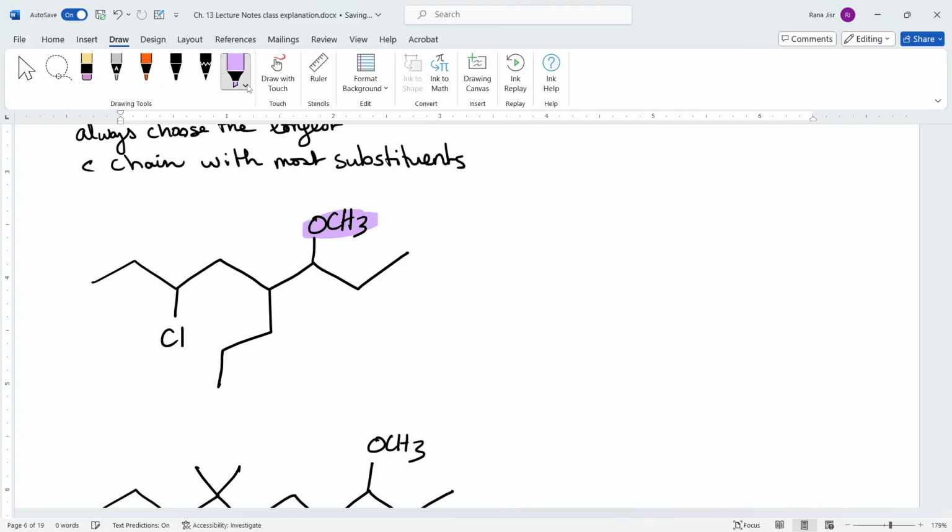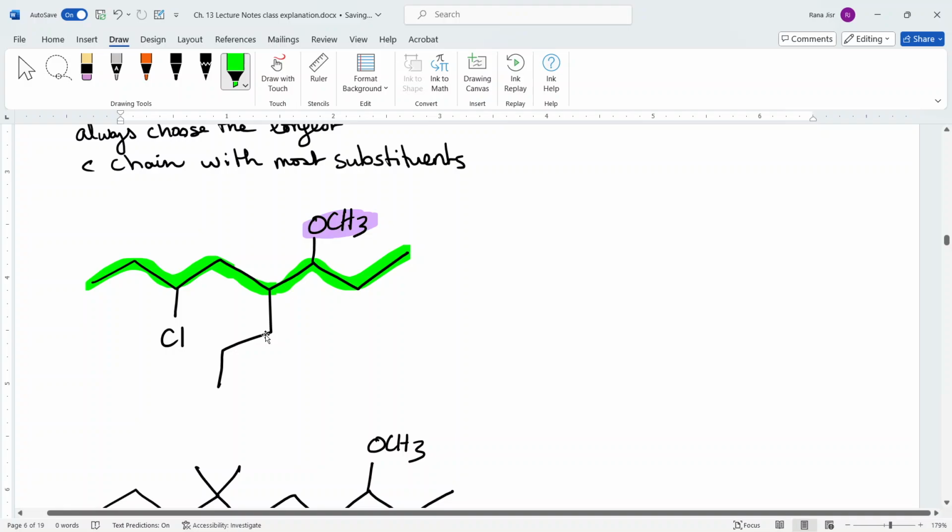So you're going to choose the longest carbon chain that includes as many substituents as you can. So here I'm going to go with this route rather than this route over here, because I want the most substituents. And if I go by this route, I'm going to end up having 1, 2, and 3 substituents there.